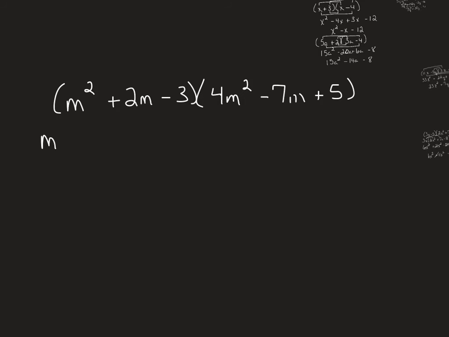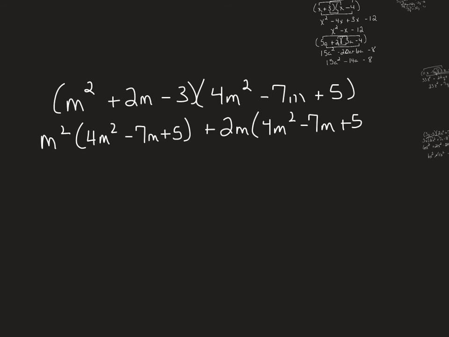So we're going to have m squared times the trinomial 4m squared minus 7m plus 5, plus 2m times 4m squared minus 7m plus 5. And I'm running out of room, so I'm just going to move it down a little bit. Minus 3 times 4m squared minus 7m plus 5.